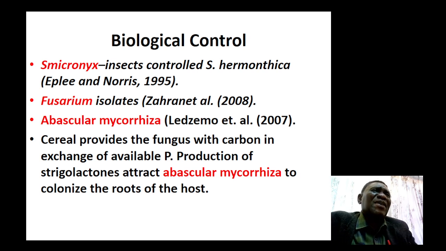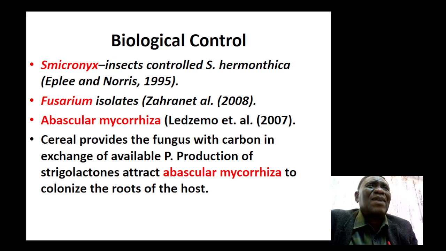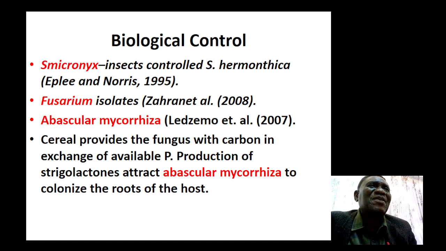Now, when you have arbuscular mycorrhiza, the cereal will provide the fungus. Arbuscular mycorrhiza is a fungus. So it will get the carbon from the cereal, and in turn it provides phosphorus. And this availability of phosphorus will end up suppressing strigolactones.